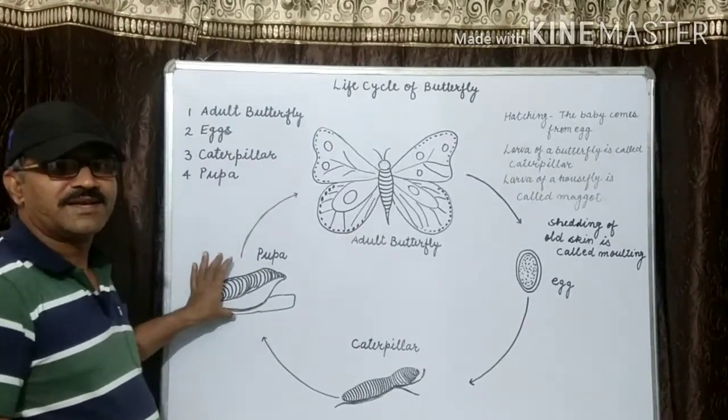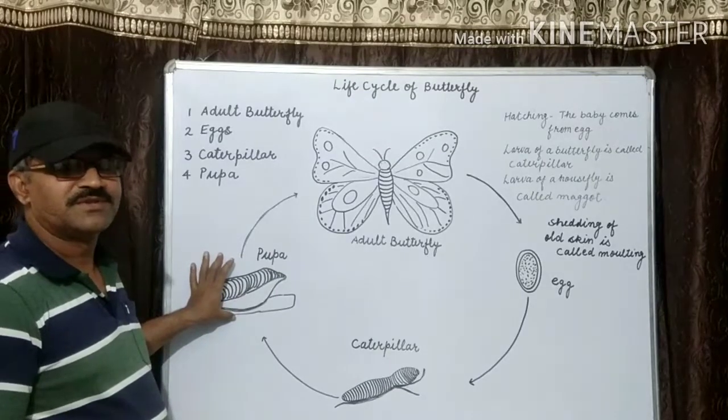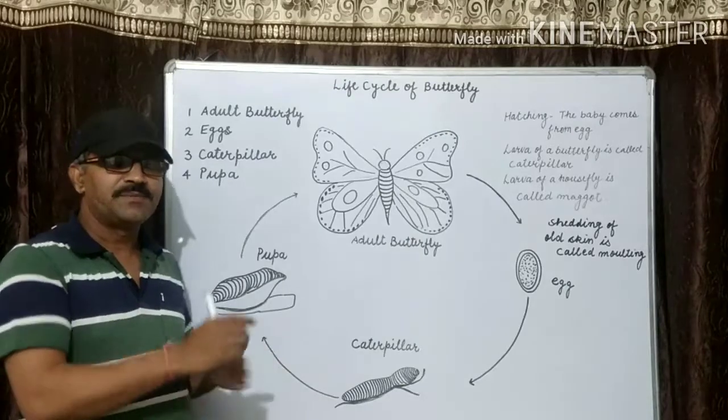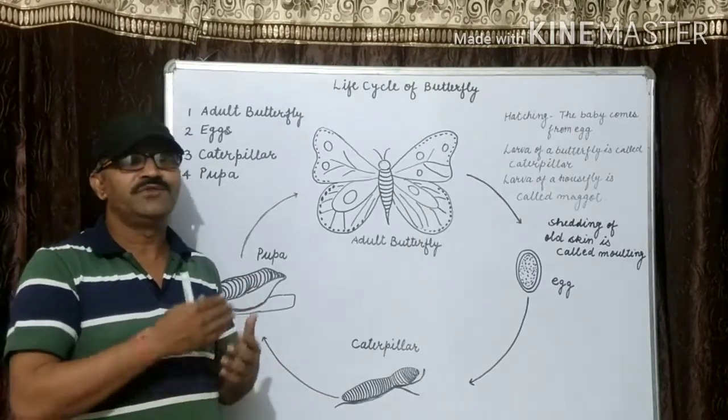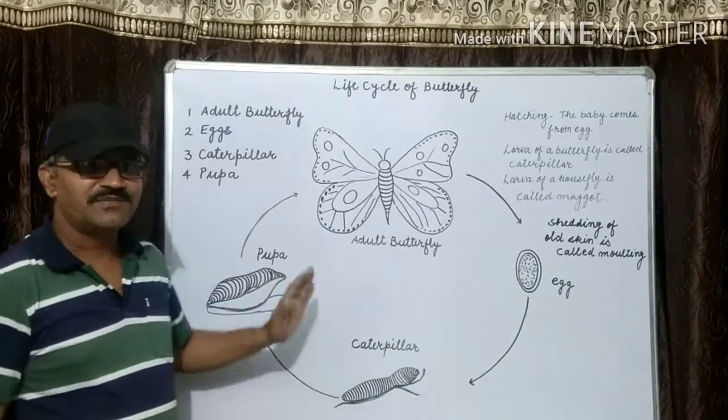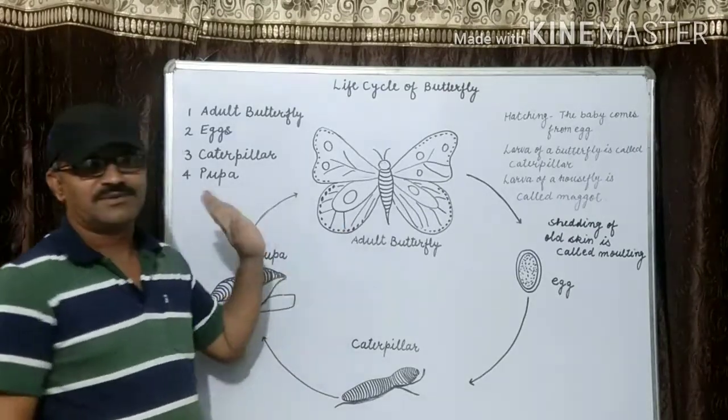This is called the resting stage in the life cycle of a butterfly. Inside the cocoon, the caterpillar changes into a beautiful butterfly. The cocoon bursts when the butterfly is ready to come out.